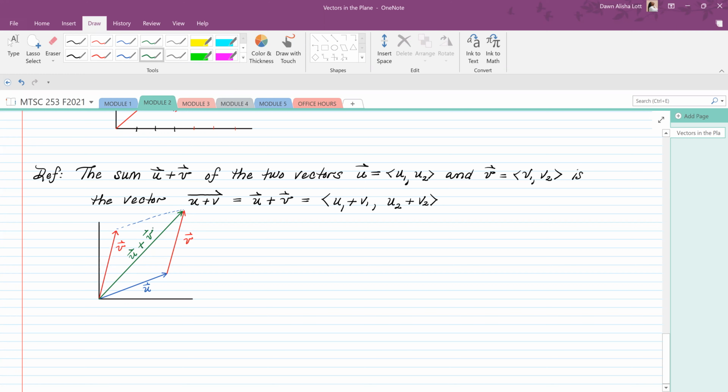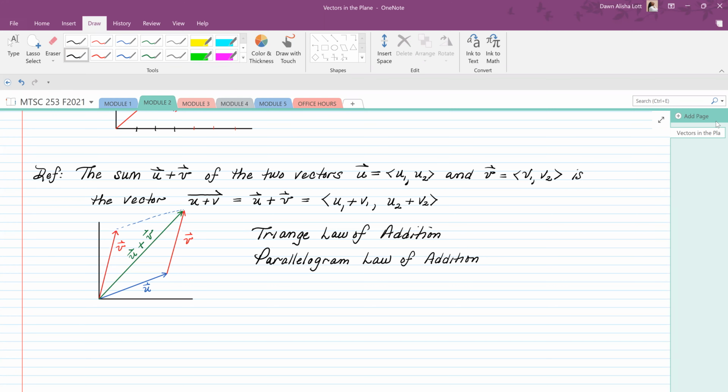So we use what we call the triangle law of addition. Sometimes we call it the parallelogram law of addition, and you can see why. Okay. So that's u plus v.